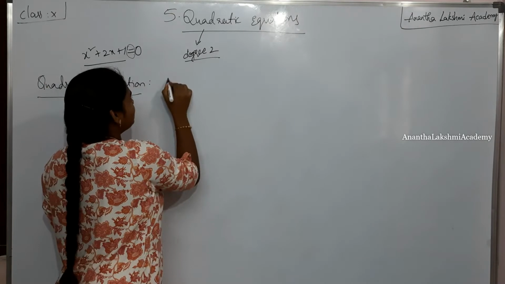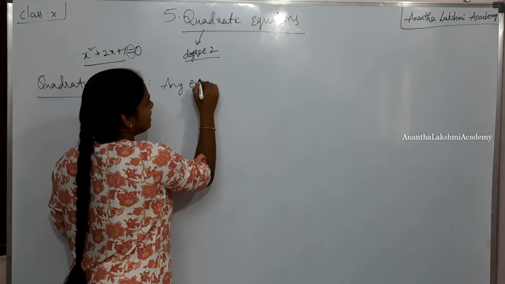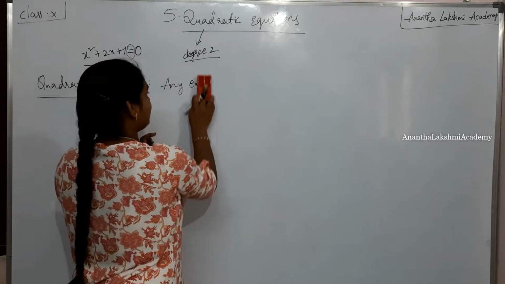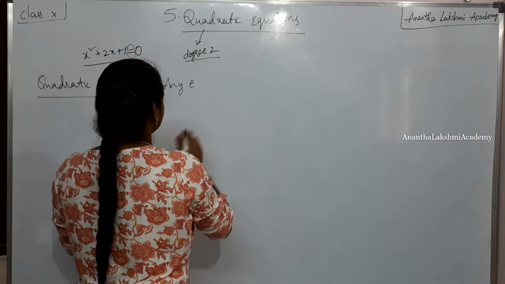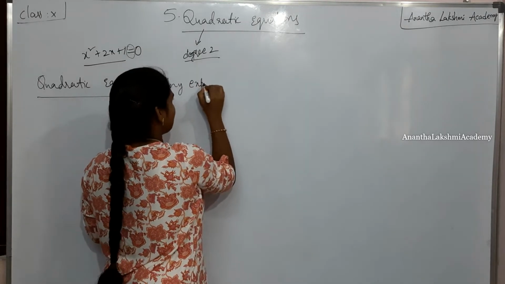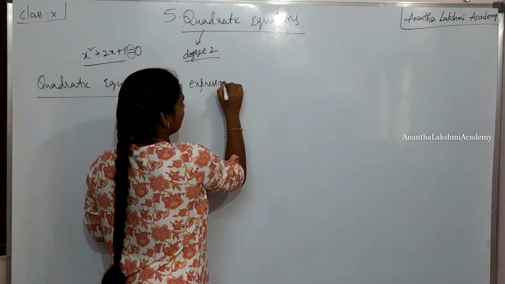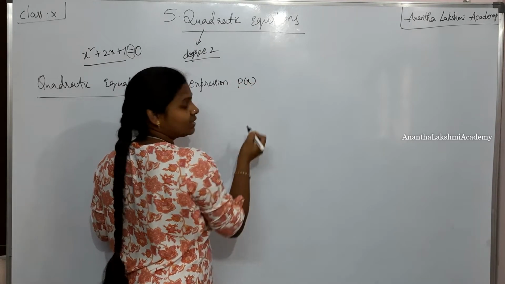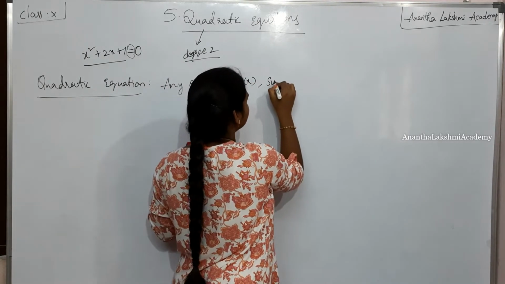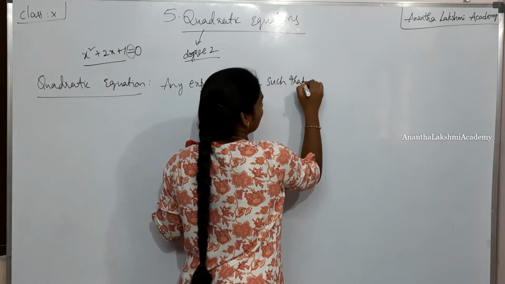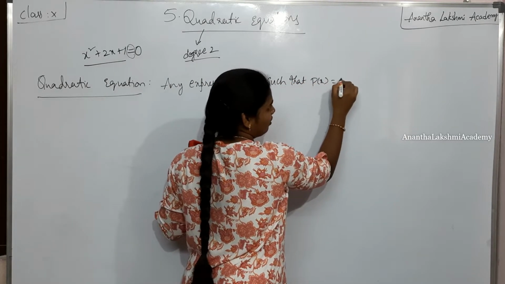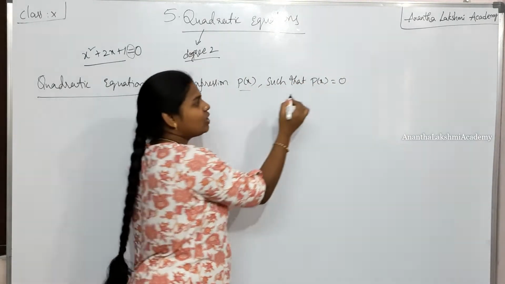Any expression p of x such that p of x equal to 0. P of x is a polynomial. Now p of x is equal to 0.